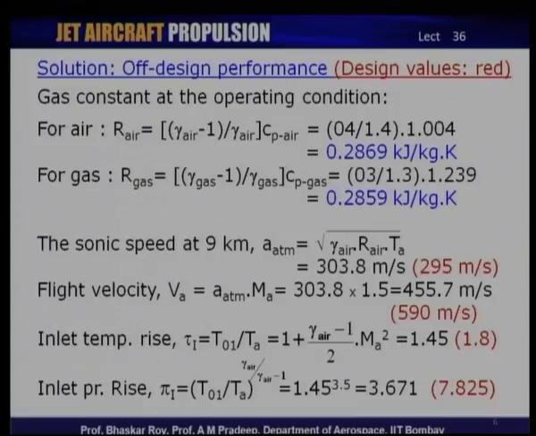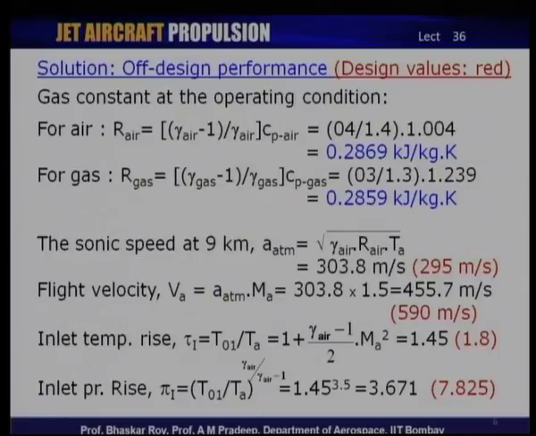The corresponding inlet pressure rise, using again the isentropic relation from the temperature ratio that we have just found, we can find pi I: the temperature ratio to the power gamma by gamma minus 1 gives us essentially the pressure ratio across the inlet, which is the ram pressurization.